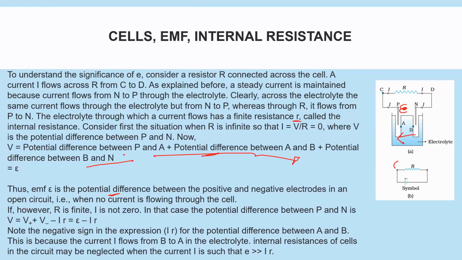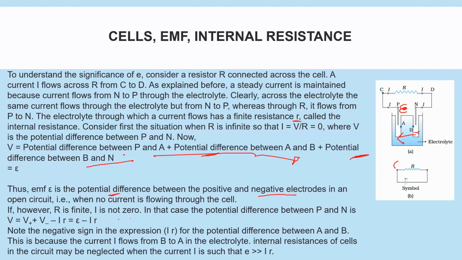That is why we say that EMF is the potential difference between the positive and negative electrodes in an open circuit, that is, when the current is not flowing. And if R is finite, then I is not 0. The current that is passing is not 0.